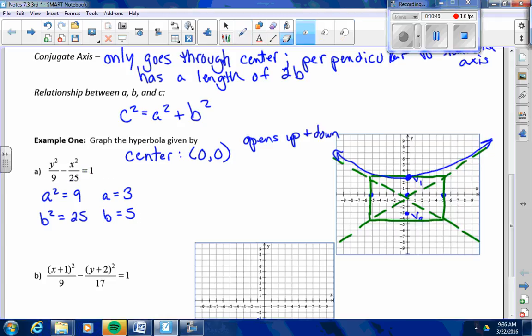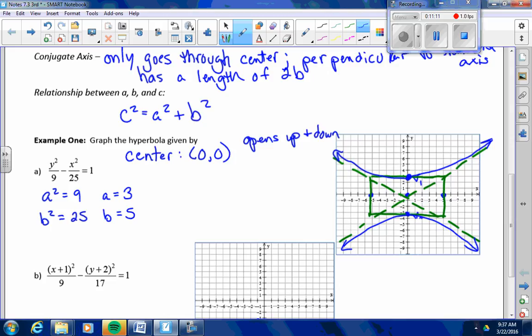I'm going to see if I can fix that. And then the other goes upside down. So there's our hyperbola.